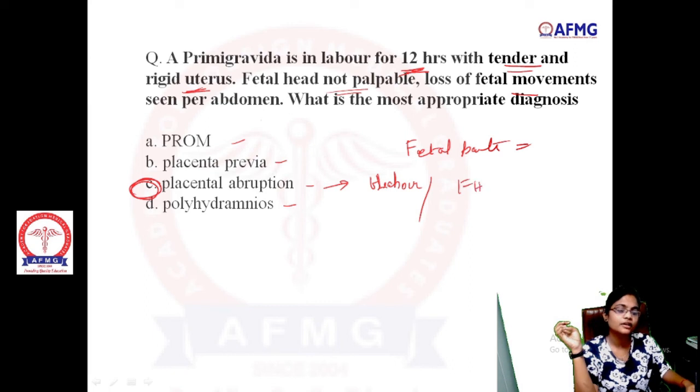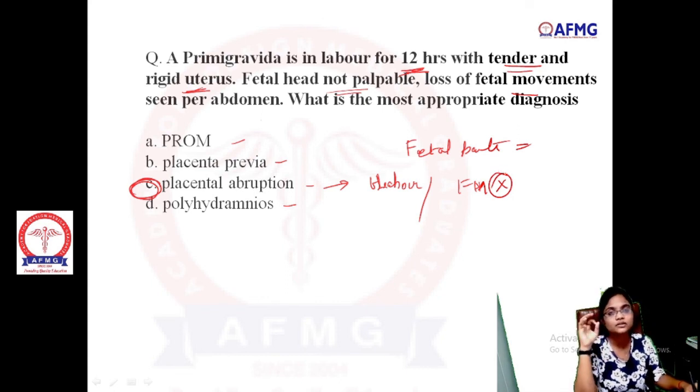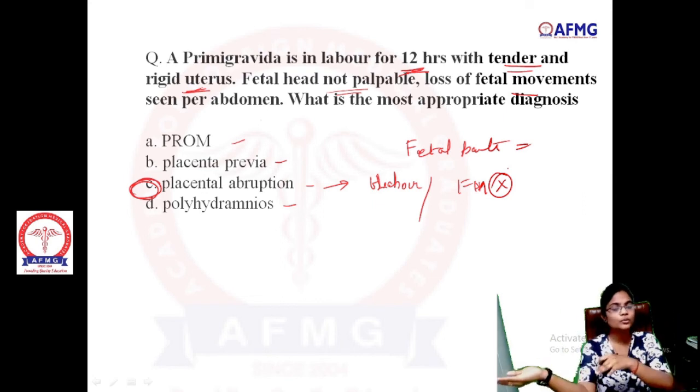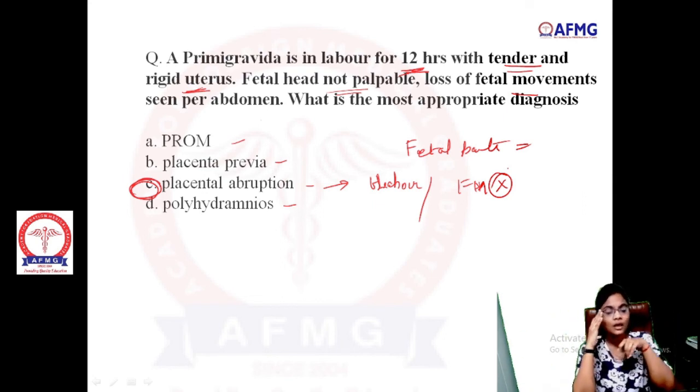Fetal heart rate and fetal movements are not palpable, but in placenta previa they are easily palpable. This itself shows a good difference between ruling out placenta previa and placental abruption. One more clue is a rigid uterus, which is the main finding on per abdominal examination. You can see the rigid contracted uterus in abruption, along with the relaxed uterus which is in placenta previa.